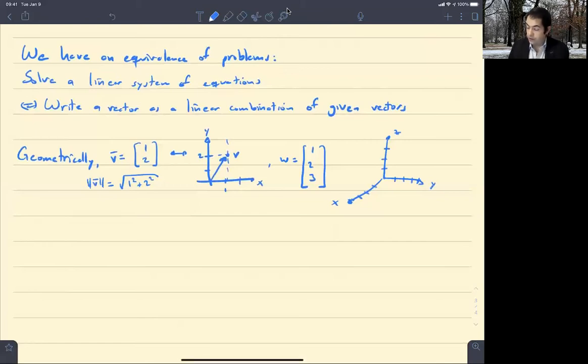You'd want to go 1 in the x-axis, 2 in the y-axis, 3 in the z-axis. And let's see how well I can draw this. So here I'm drawing parallel to the x-axis, starting there. And then this is meant to be parallel to the y-axis, starting there. And so there I find this point with coordinates 1, 2, 0.